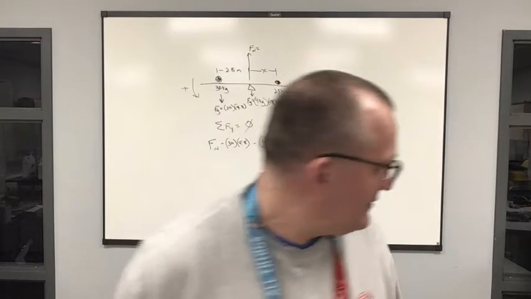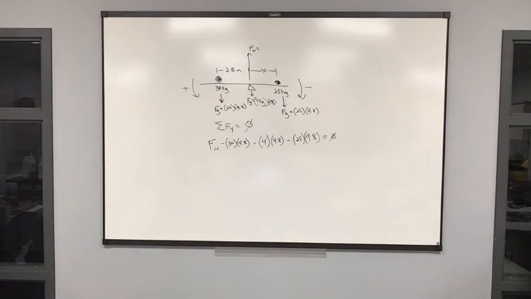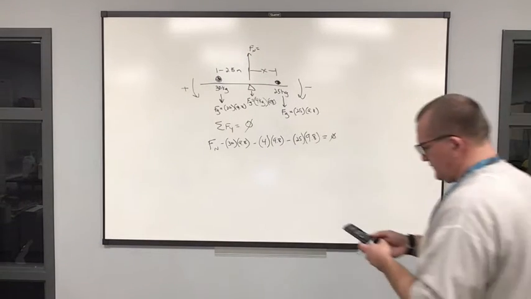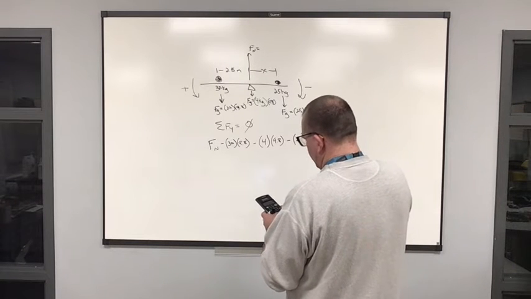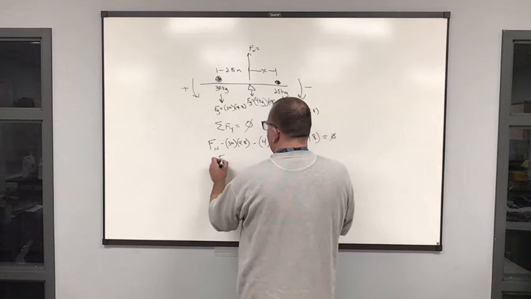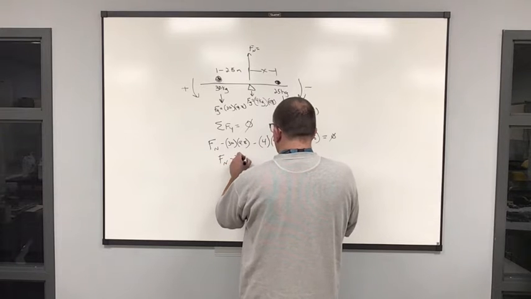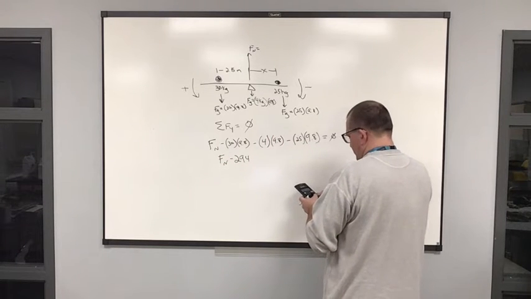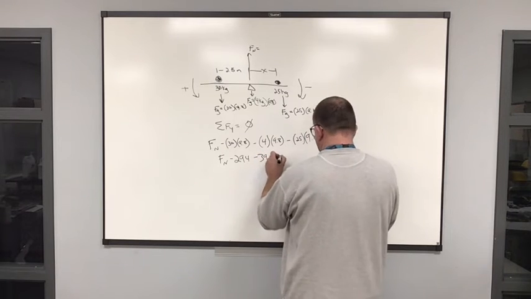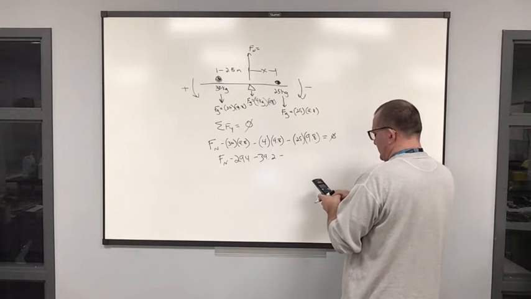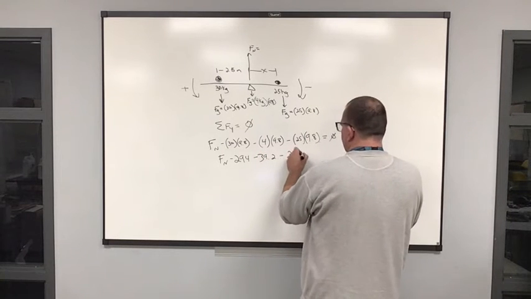I'm seeing if I have my answers written down here or not. And I don't think I do, so we're going to have to calculate, which isn't a big deal. So I got 30 times 9.8, F_N minus 294, 4 times 9.8 minus 39.2, then I got 25 times 9.8, 245.